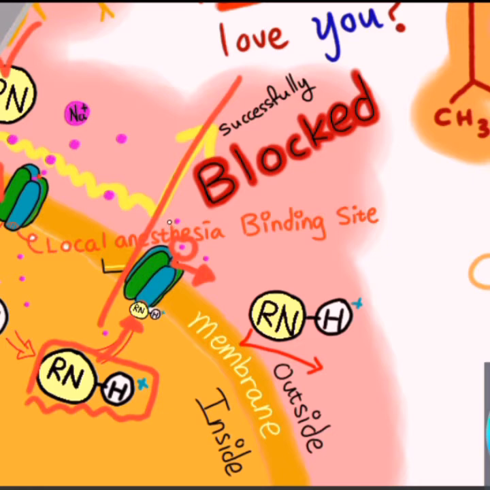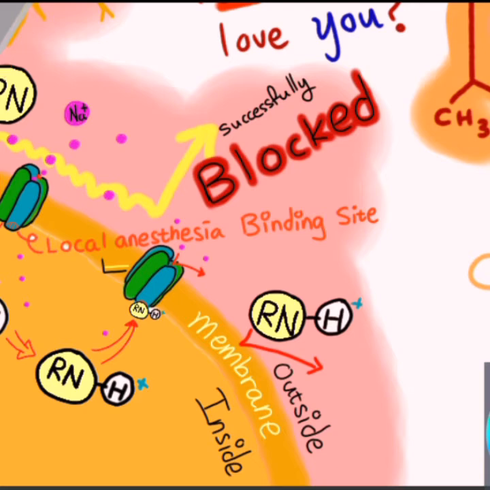Is it crystal clear? For this reason, the signal cannot travel along the nerve fiber. By working in this way, local anesthesia can successfully block the depolarization, and the signal will not reach the central nervous system for us to perceive pain or other sensation.